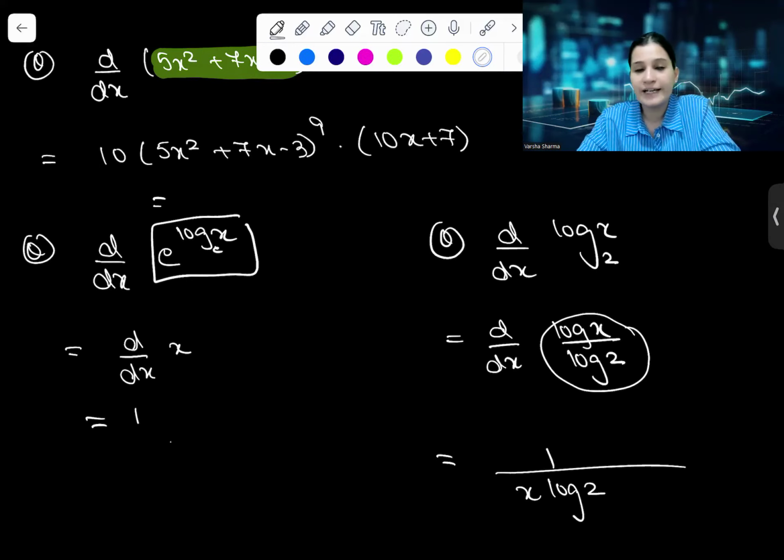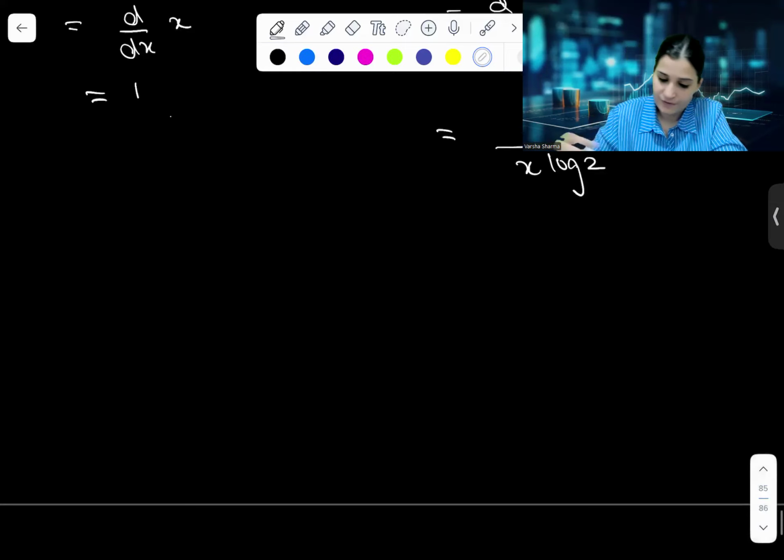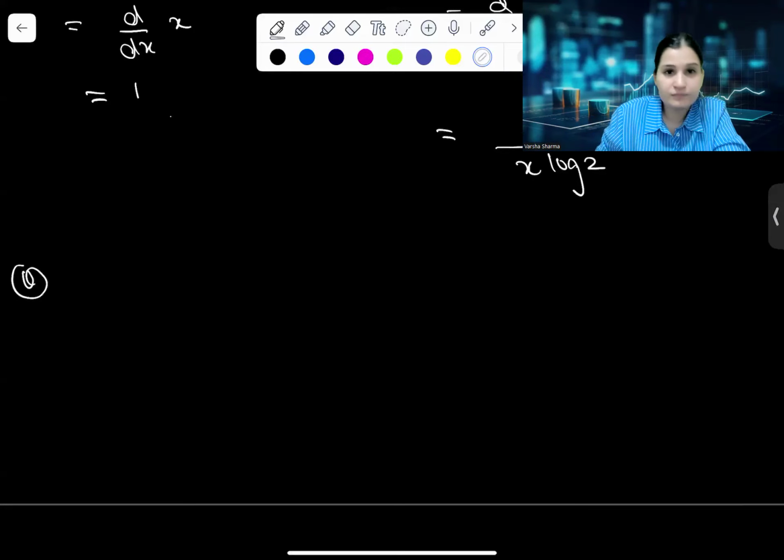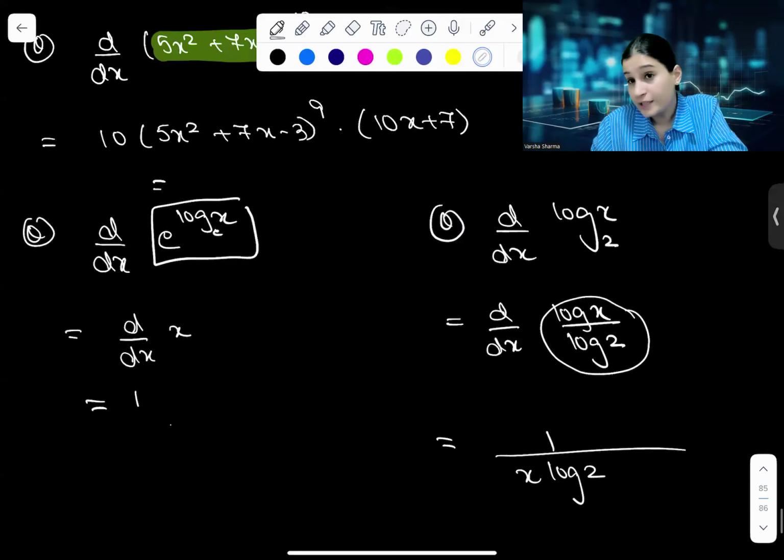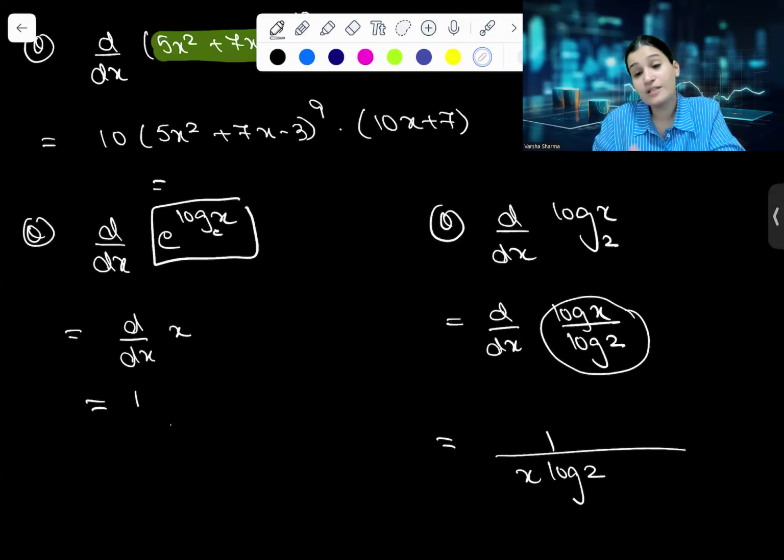Below, it was a constant, so I can ignore the constant. Question: the constant won't become 0 because there's log? No, not because of log, but because it is present with a variable. Like when we have 2, it's 0. But if I'm writing 2x, it's not 0. We leave 2, we differentiate the variable. That's the logic. Okay.